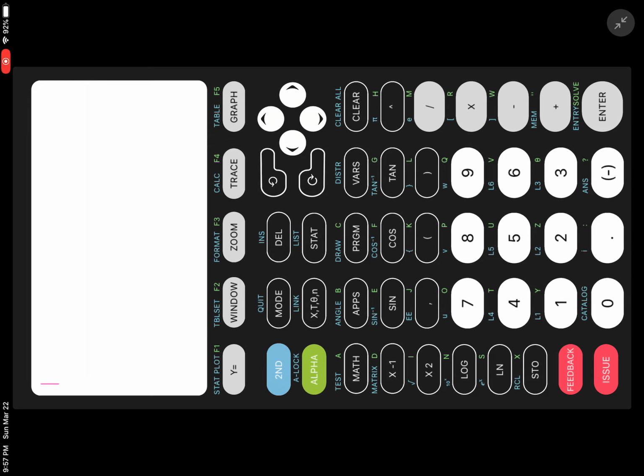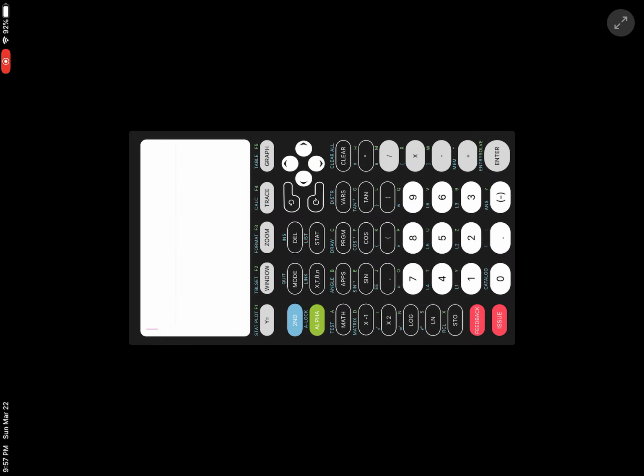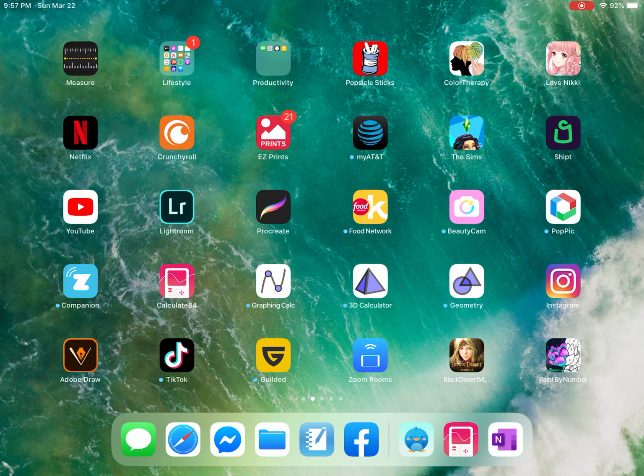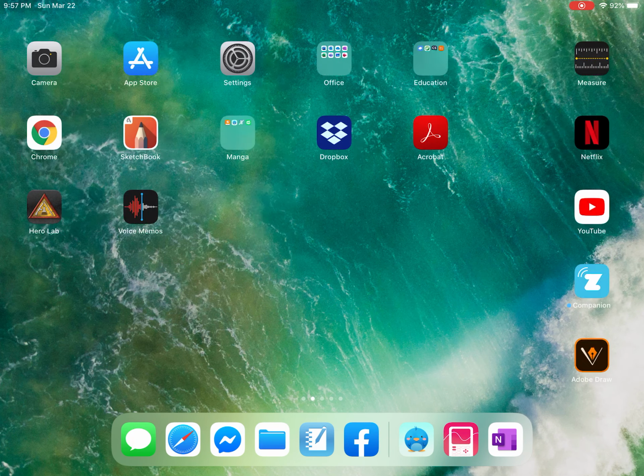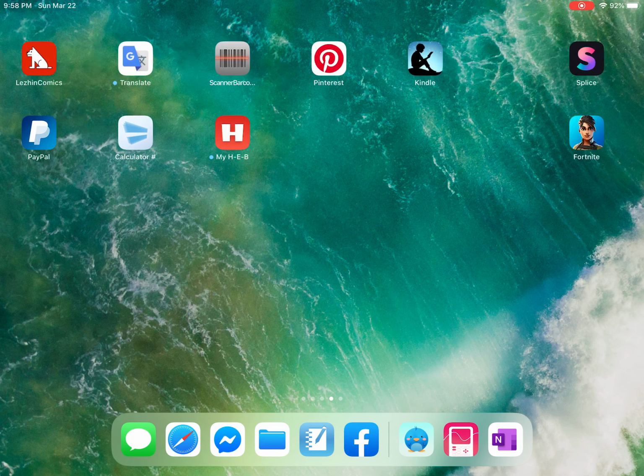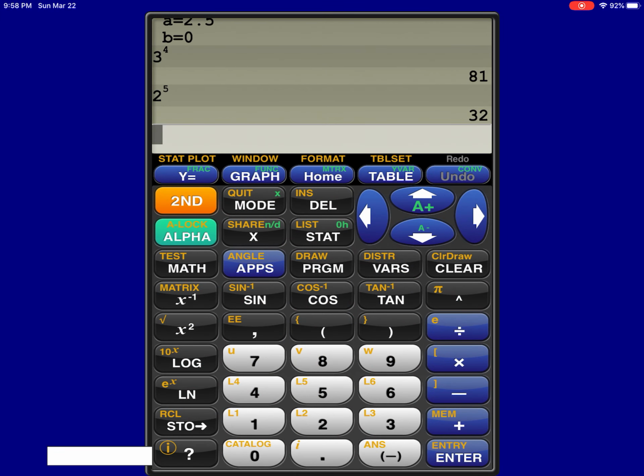Will it rotate? Nope. Dang it. I don't want to use that one, so that's a bad one to use because it won't rotate for me. Where is my... Sorry. There it is. This is the one I wanted to look for.